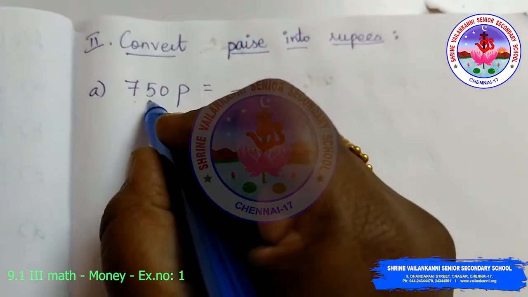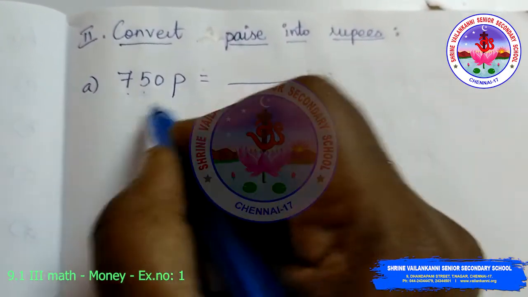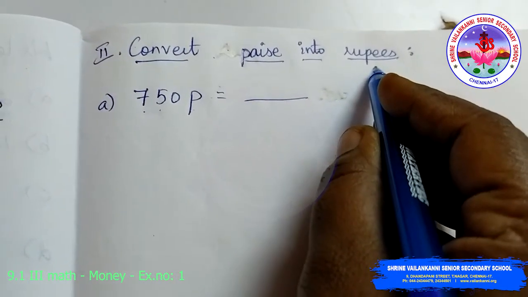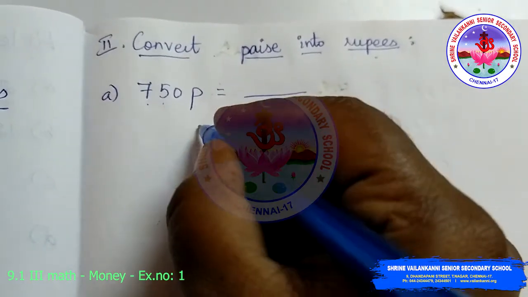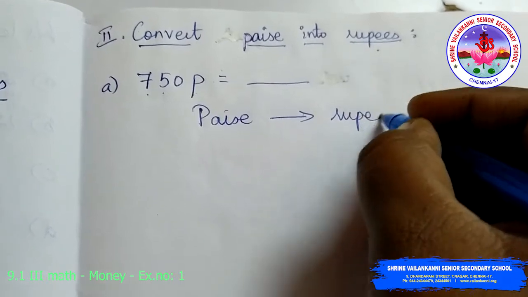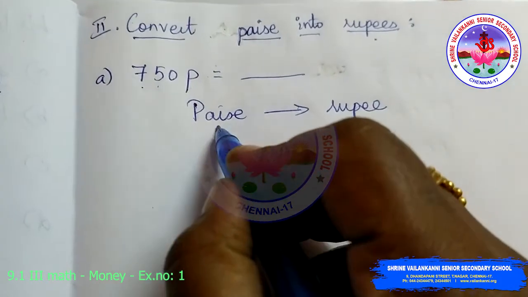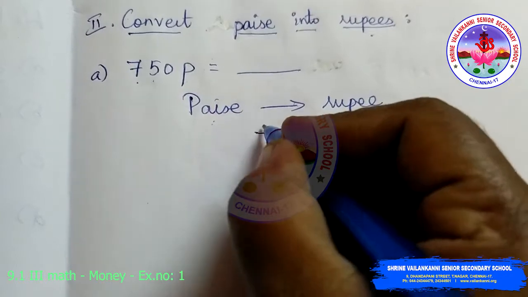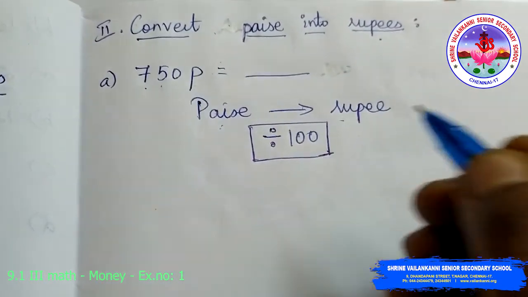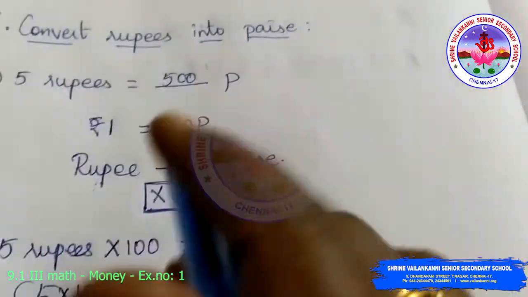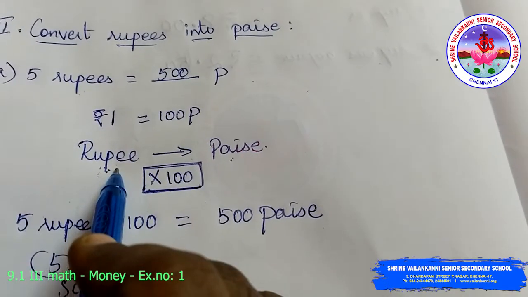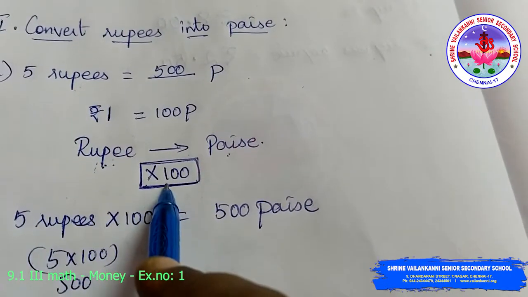Now we will see how to convert pies to rupees. Here 750 pies is given to you. This has to be written in rupees. To convert pies to rupees, you have to divide the value by 100. I told you, when you convert rupees to pies, the rupee value given in the question has to be multiplied with 100.